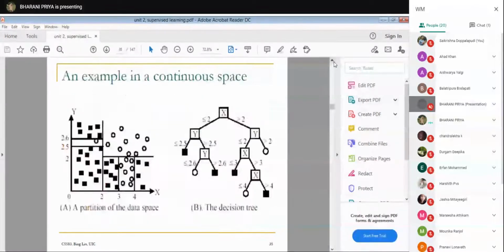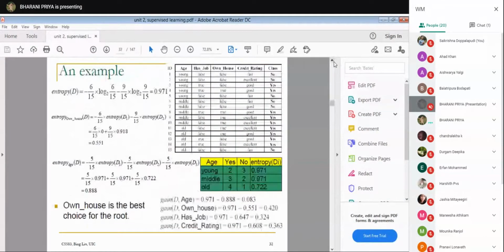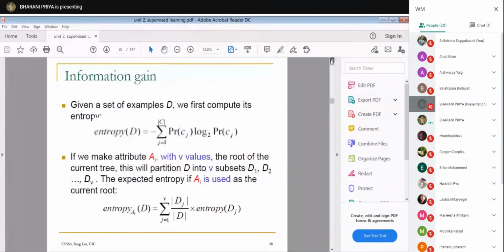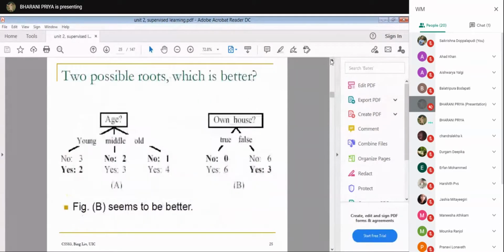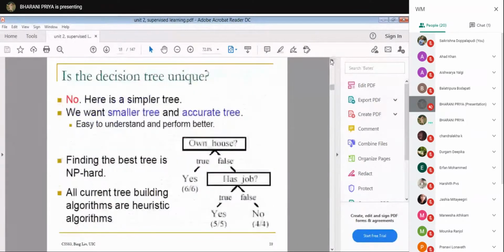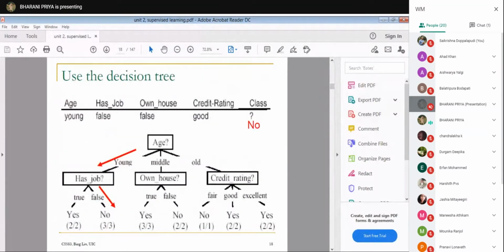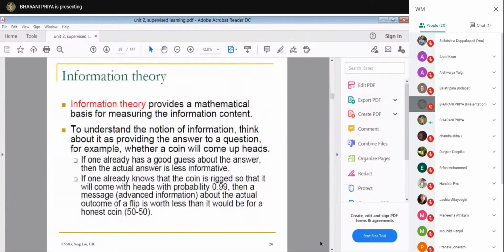See here, this is my test example, wherein I don't have output, class values. But while training the data, you will have the class values also, that is, you have output also.